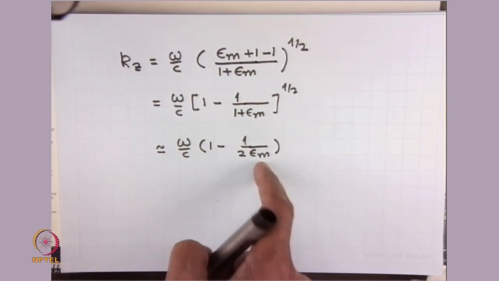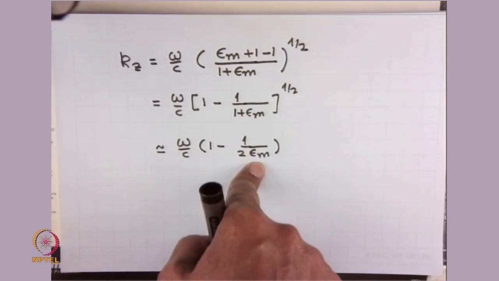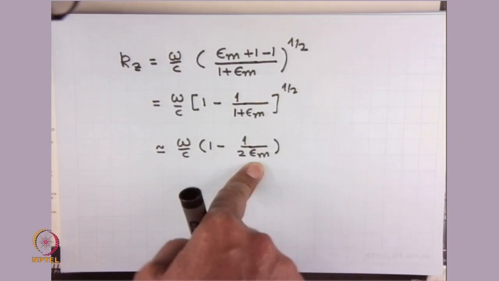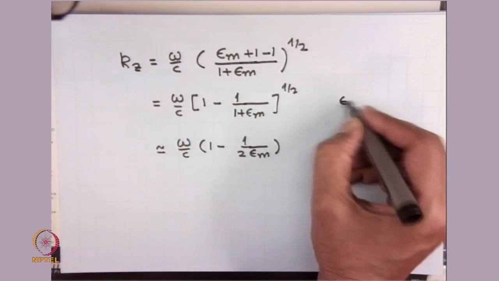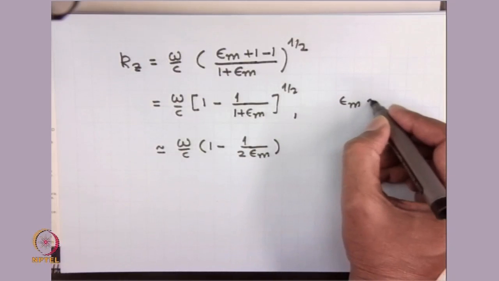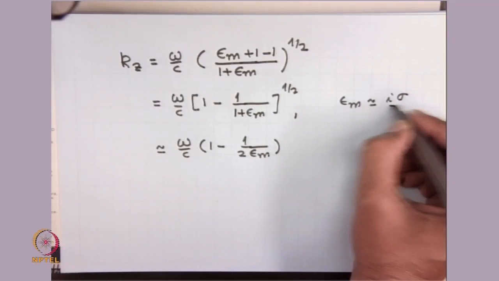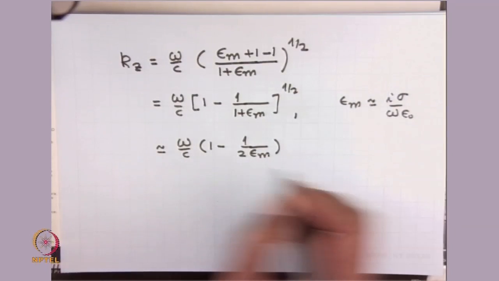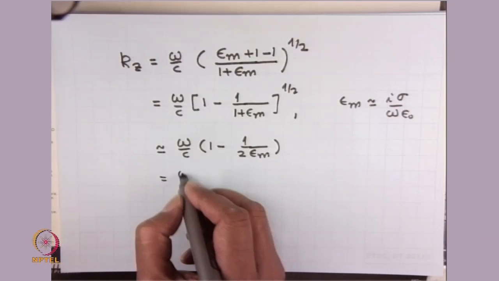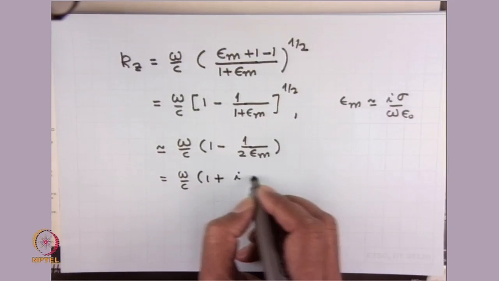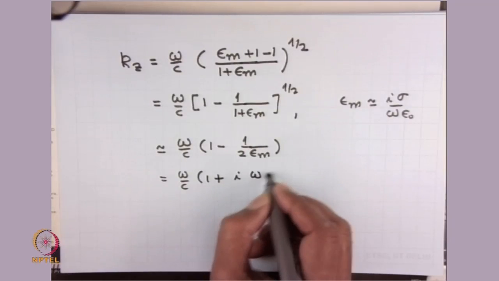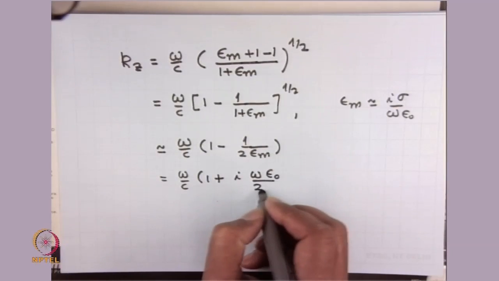And if I put the value of epsilon m that I had derived just in the last sheet as I sigma upon omega epsilon 0, then this becomes omega by c into 1 plus I omega epsilon 0 upon 2 sigma.